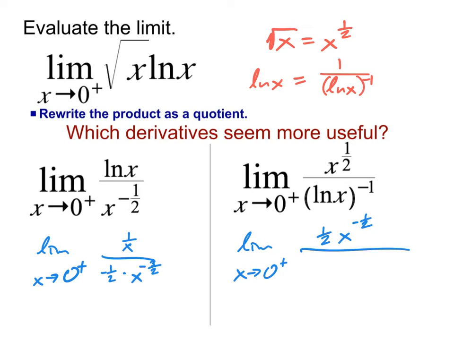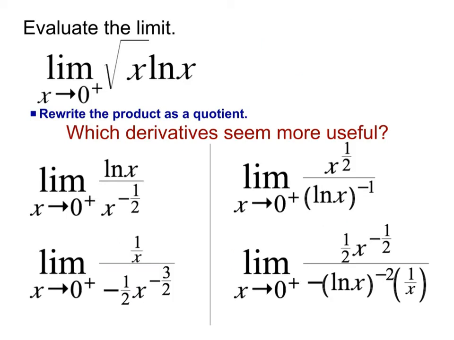That looks like chain rule to me, right? Because we have something to the power of -1. So that would be -1 times that same something. And then power rule, -1 minus 1 would give me -2. But then times the derivative of that inner function. So in this case, the derivative of natural log would be 1 over x.